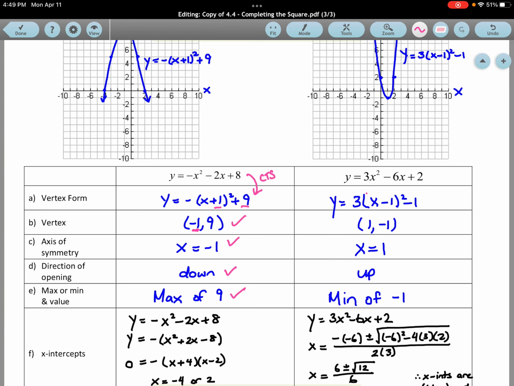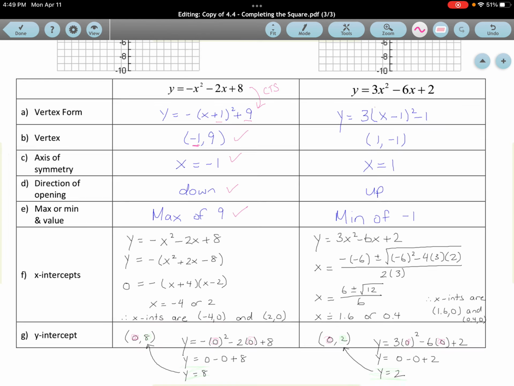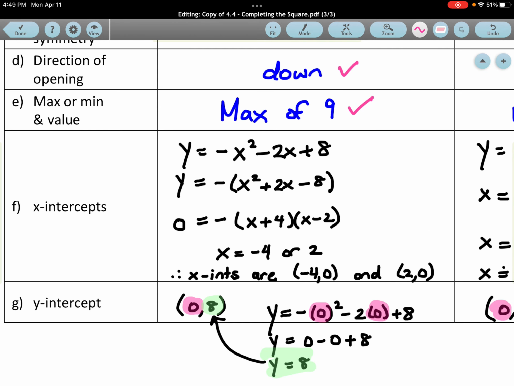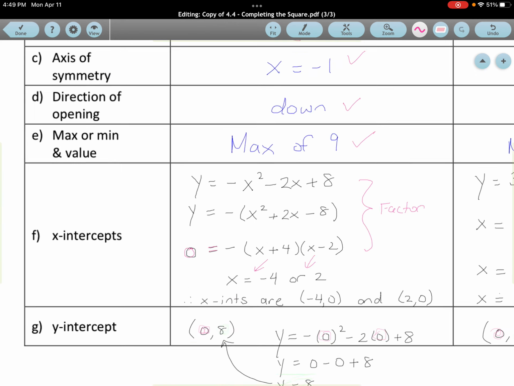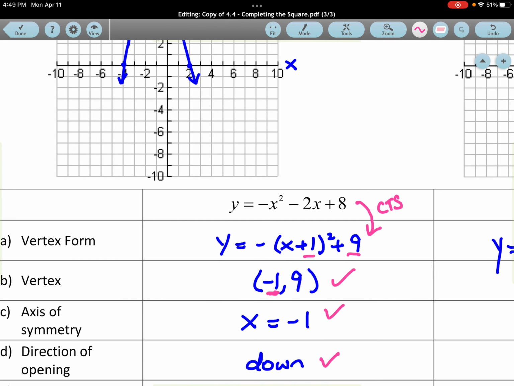And if I wanted to find the x-intercepts, now I know how to factor and solve. You can put it into factored form by just factoring. Set it equal to 0, and then solve for each of your x-intercepts. Okay, so I got -4 and 2. So if you notice going back up, there is an x-intercept at -4 and one at 2.